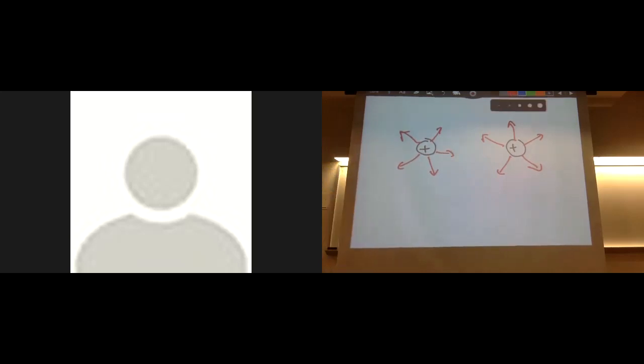So if I continue these, this one would have to go down this way, this one would go like this, this one would go like this, and diverge away from each other. This would be my electric field in this particular configuration.